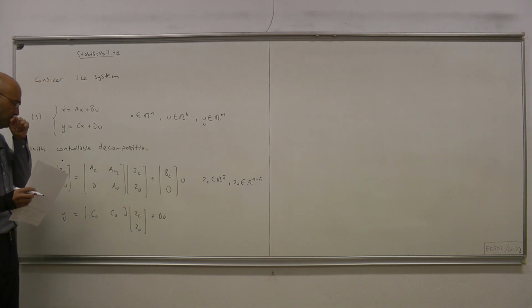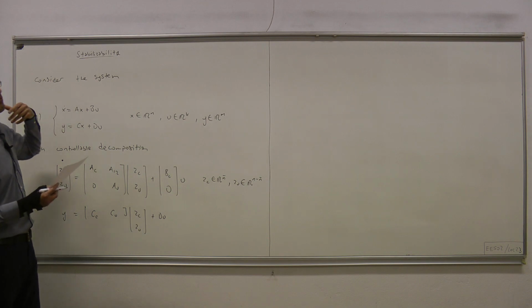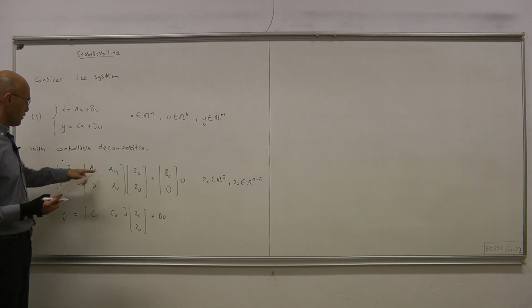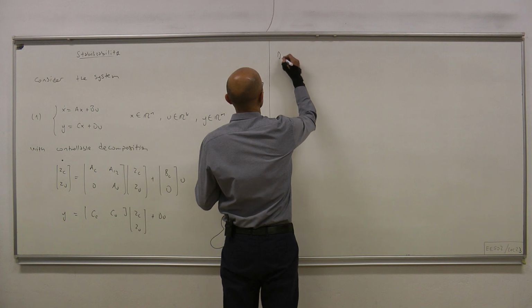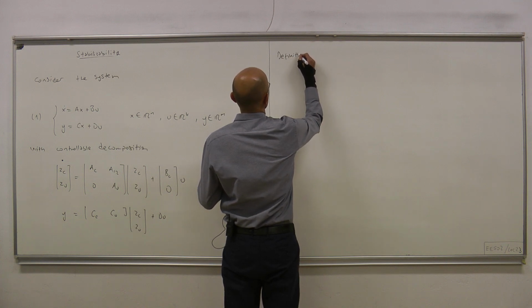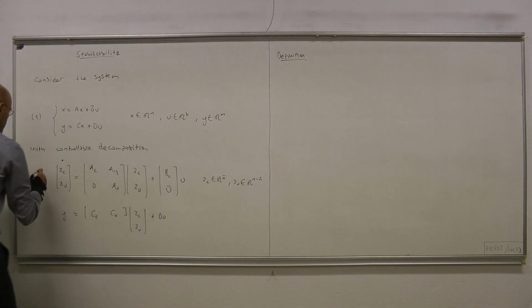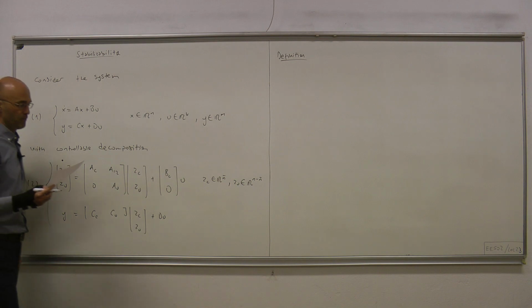Now we will introduce the precise definition of a stabilizable system through the controllable decomposition. Let's call this representation 2.